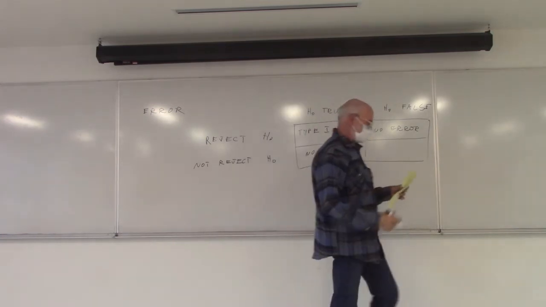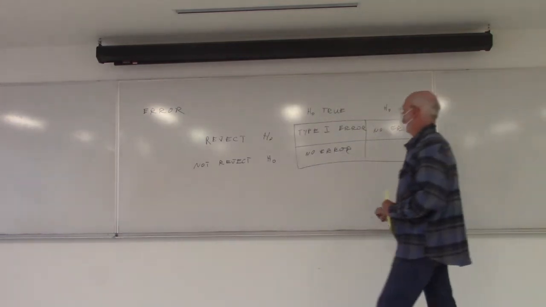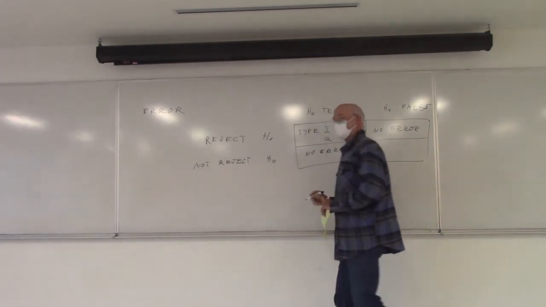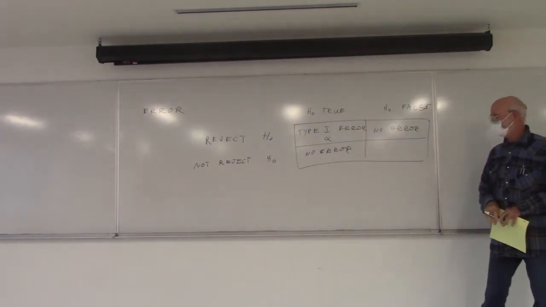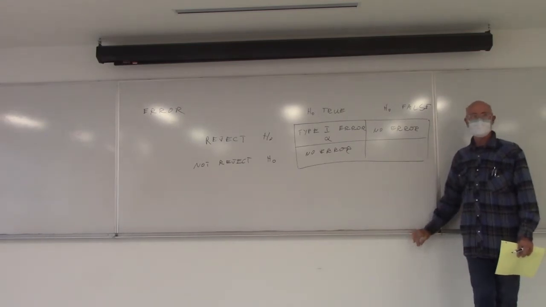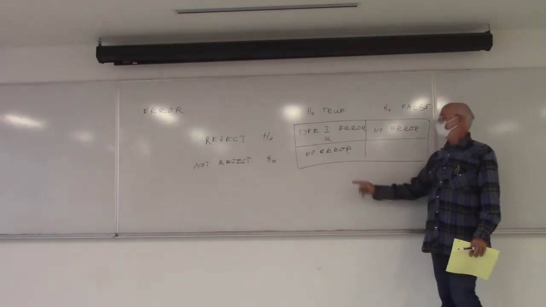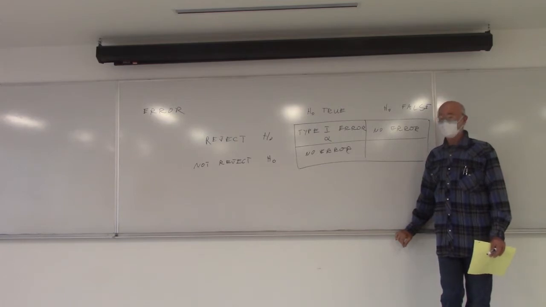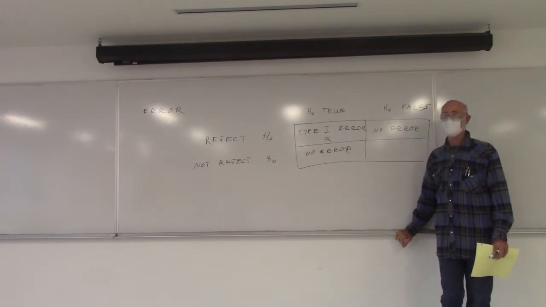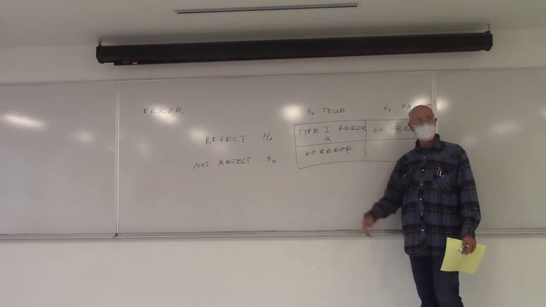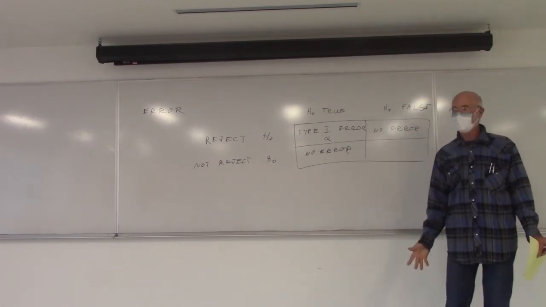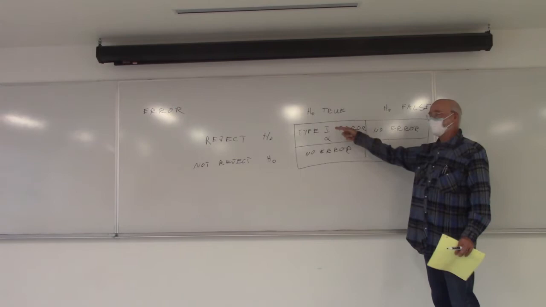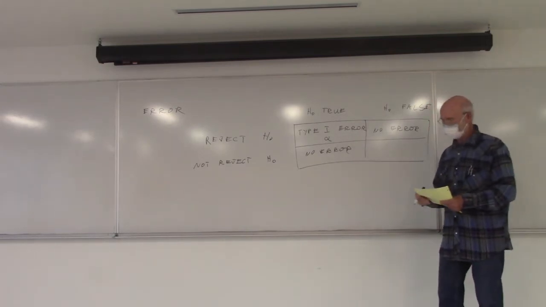And the type 1 error occurs with the probability of alpha. So if you set your alpha value at 0.05, that means you have a 5% chance of committing a type 1 error. All right? It also means you have a 95% chance of not committing a type 1 error. Right? So if you set alpha at 0.05, that means you're going to be right 95% of the time, but 5% of the time you're going to commit a type 1 error.